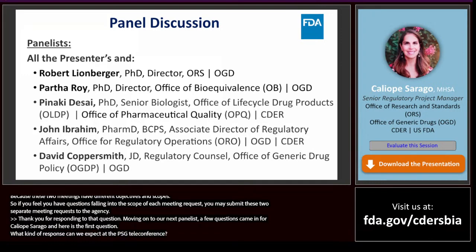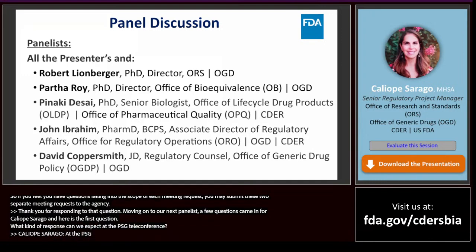At a PSG teleconference, FDA will provide a pathway forward for the applicant. I shared some outcomes in my presentation, but some additional outcomes may include if FDA has recommendations where, for example, the PSG recommends a fasting and fed study, and the applicant did a fasting study only.